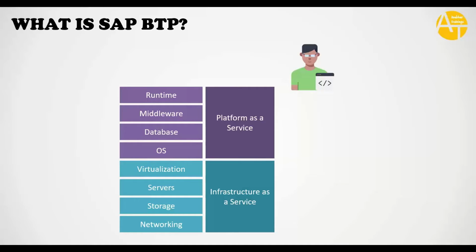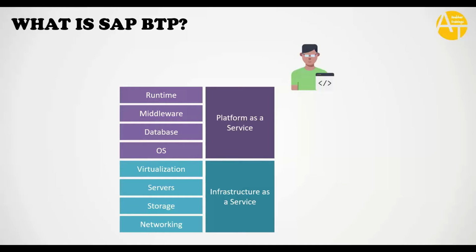And that's exactly what BTP is all about. BTP is a platform as a service which enables development teams and developers to build applications which are cloud ready. It provides all the necessary services like tools and runtimes like Java, Node.js, ABAP, Cloud Foundry, including also the Kyma runtime, to develop natively integratable applications which are scalable and faster.